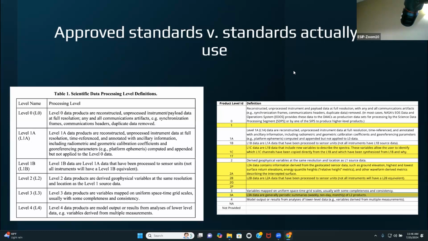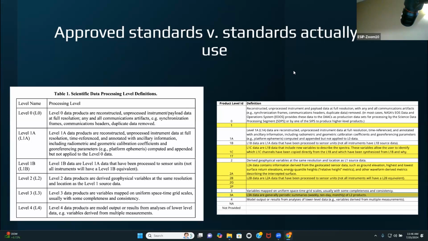Level 1 is the measurement as is from the instrument, and level 1A, 1B is the calibrated and reflected.